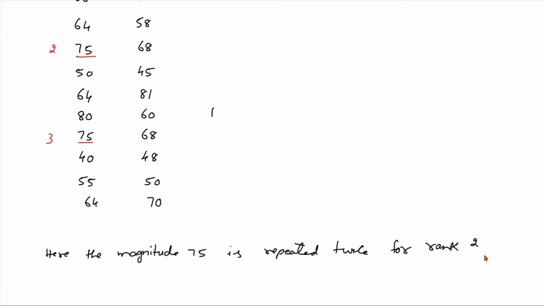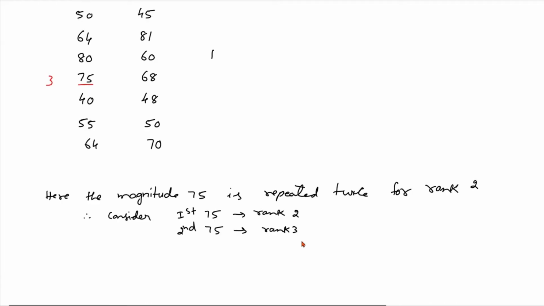So it cannot be rank 2. Therefore, consider the first 75 as rank 2 and the second 75 as rank 3. Actually it should be rank 2 for both, but it cannot take rank 2 twice. I'll take rank 2 and rank 3, and then take the average.